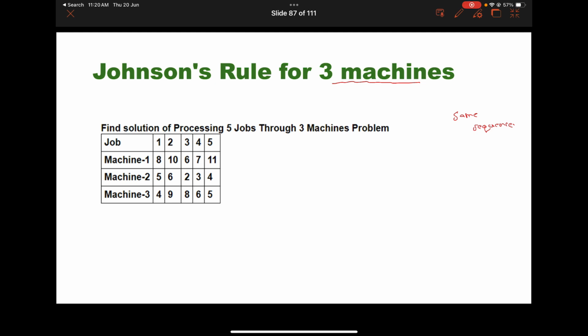So the example given is this. There are five jobs, 1, 2, 3, 4, and 5, and there are three machines, machine 1, machine 2, machine 3. Job 1 is first processed in machine 1, then in machine 2, and then in machine 3.